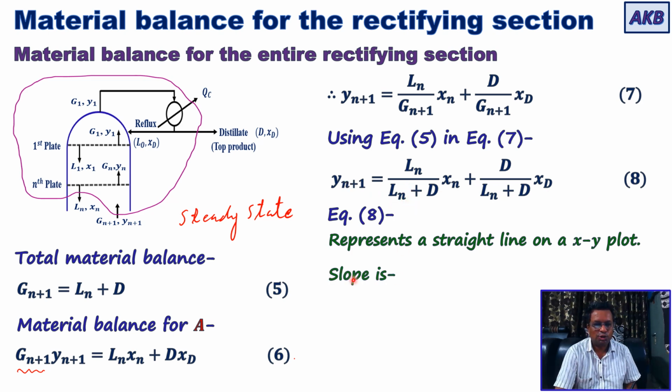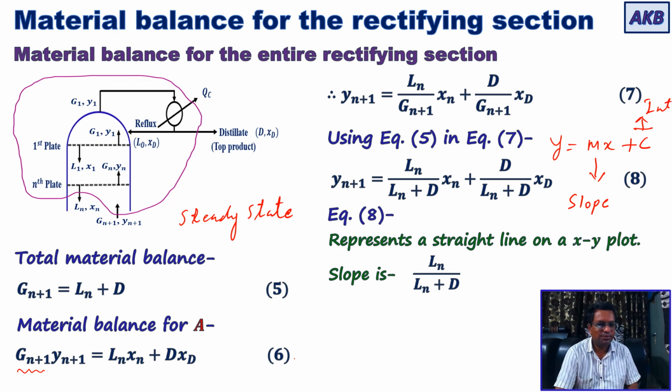And slope of this straight line is Ln upon Ln plus D. So this equation is of the form y is equal to mx plus c. This is a straight line where m is the slope and c is the intercept.